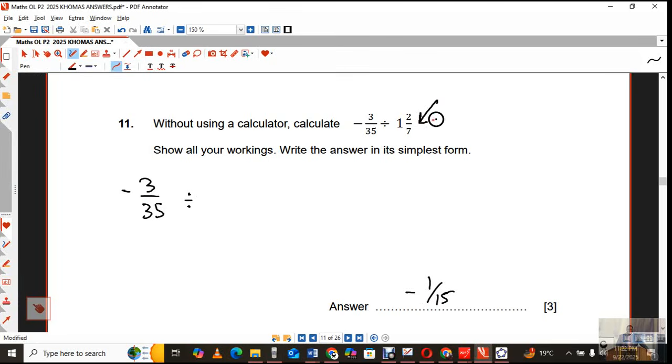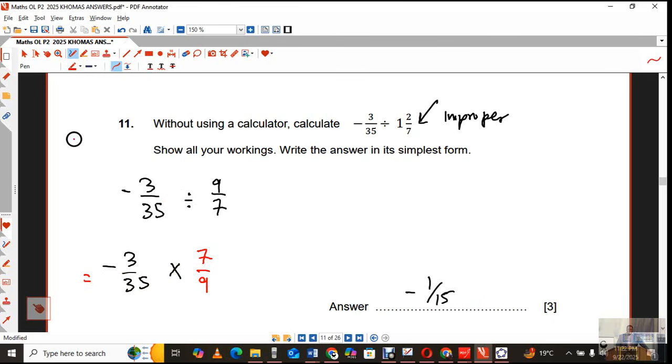So the first thing is you're going to make this an improper fraction. So 2 times 7 is 14, plus 2 is 9/7. And then you're going to change this division to multiplication, and you are going to switch this fraction around.